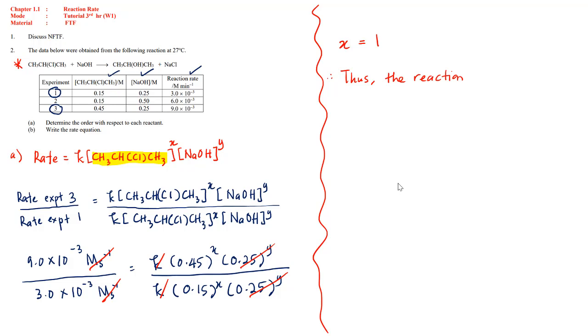Since we are going to determine the order of the reaction, do not leave your answer with X equals 1. You have to make a statement. Thus, the reaction is first order in this reactant.